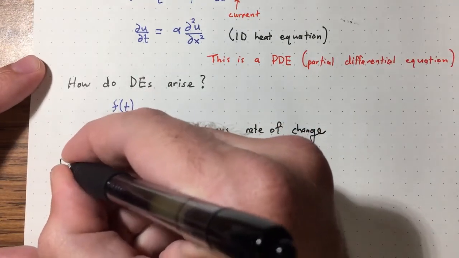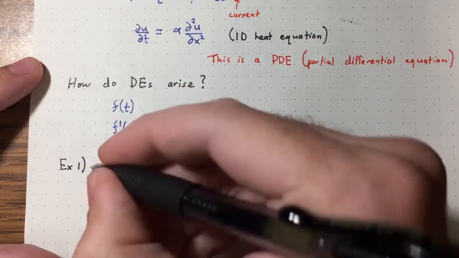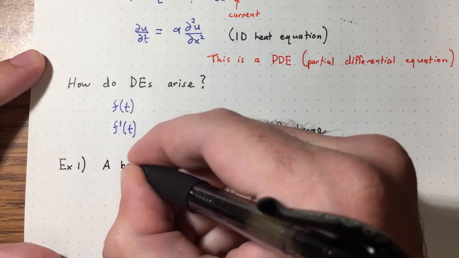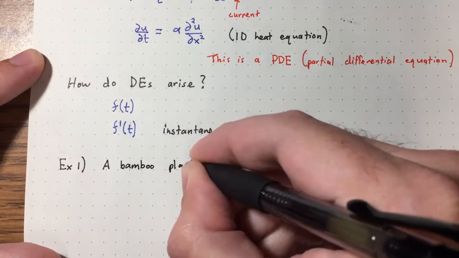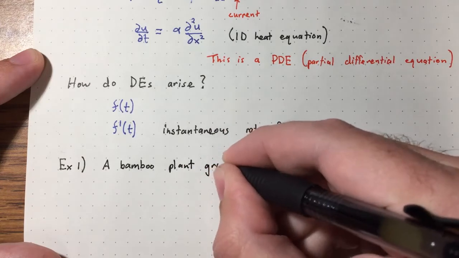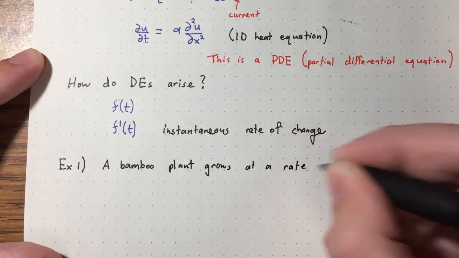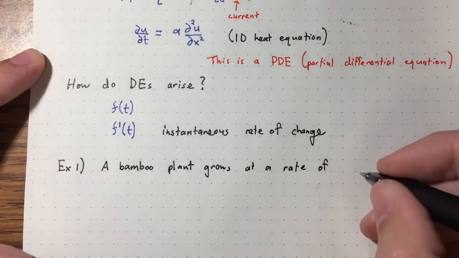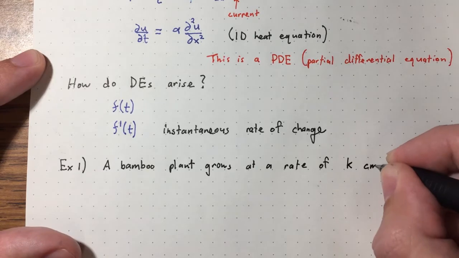So example 1, let's look at the growth of a bamboo plant. A bamboo plant grows at a rate of a certain fixed number of centimeters a day. So k centimeters per day.